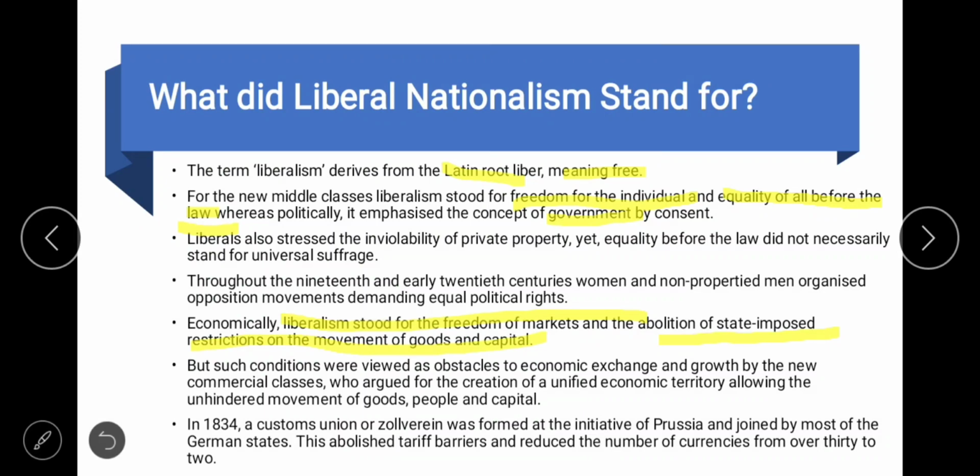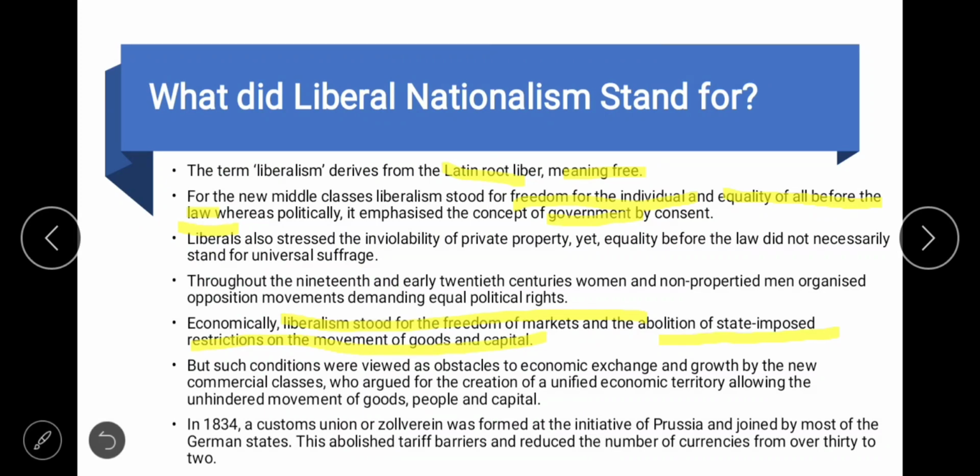If you see, for example, in the first half of the 19th century, Germany was divided into small principalities, about 39 states. Each of these principalities possessed its own currency and its own standard of weights and measures. So when a merchant travels through these principalities, they have to pass through various customs barriers and pay customs duty at each one of them.